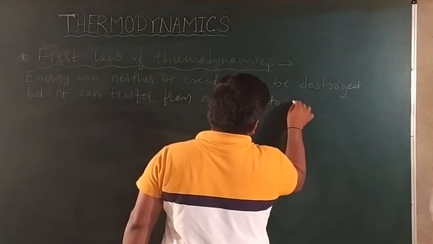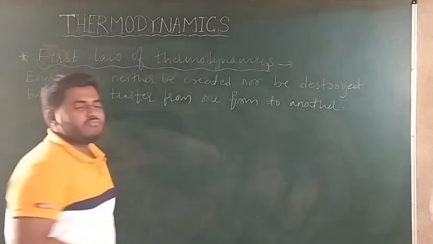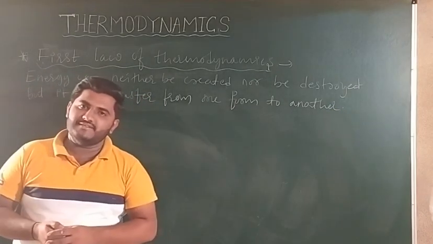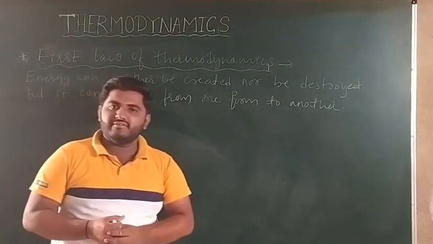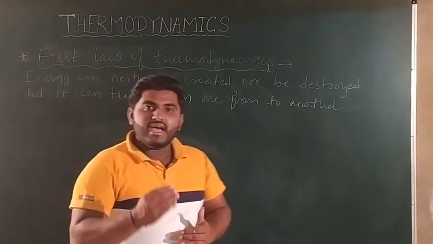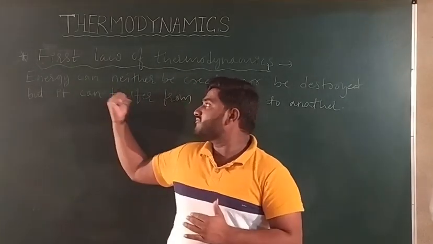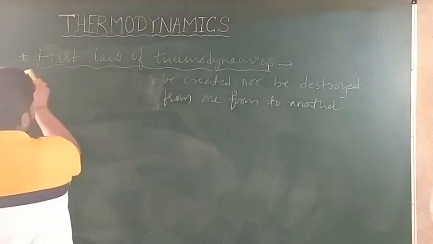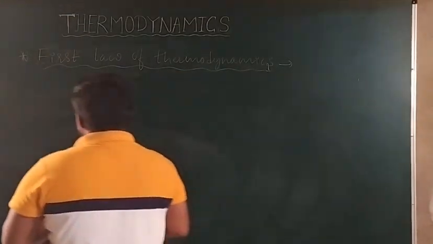It is also called the law of conservation of energy. I hope you understood. This is the statement of the law of conservation of energy. Now we will study the mathematical expression. What exactly is the mathematical expression for the first law of thermodynamics? That is called the mathematical expression for the first law of thermodynamics.